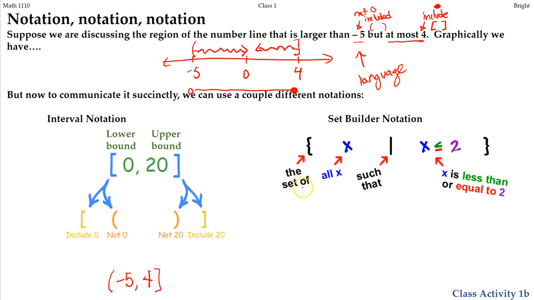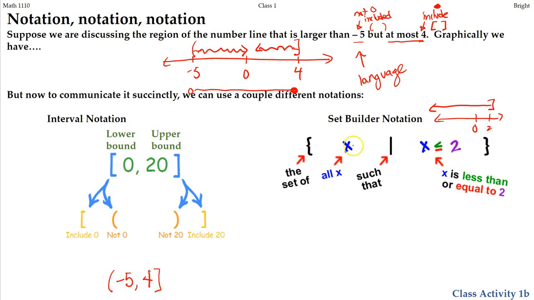And that means the set of, and then all x. So this just represents a general number, such that, and then x is less than 2. So if we were looking at a number line, and here's 0, here's 2, and I need my arrows, I would have something like this for the graphical form. Okay, that's what that means.